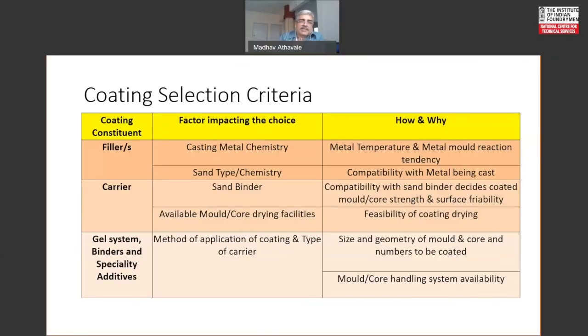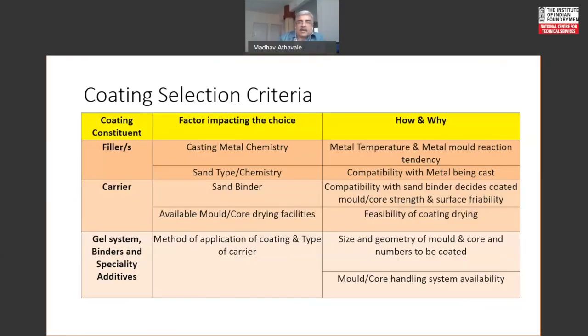The binders are decided by what kind of carrier you are using, and specialty additives are decided by the method of application. Is it going to be brushing, swabbing, spraying, dipping, or overflow? Because viscosity behaviors will have to be adjusted as per that, for which you need specialty viscosity modifiers.